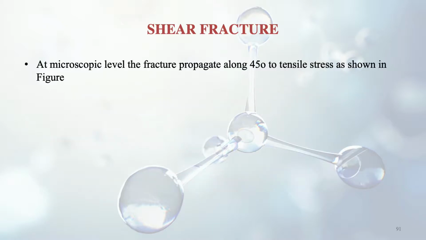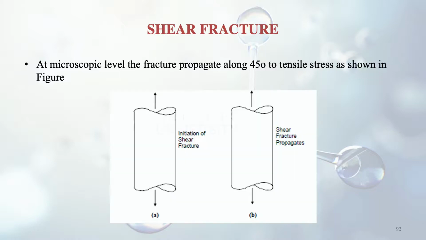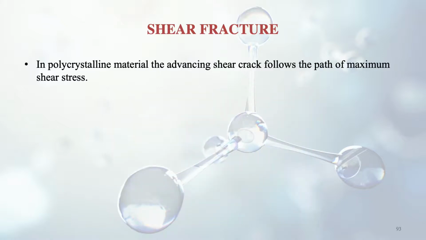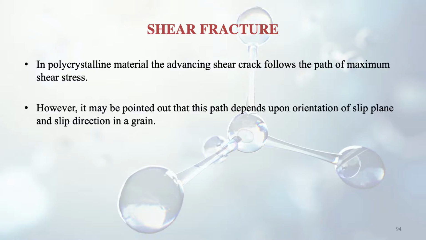At the microscopic level, the fracture propagates along 45 degrees to the tensile stress, like given in this figure. In polycrystalline material, the advancing shear crack follows the path of maximum shear stress. However, it may be pointed out that this path depends upon the orientation of the slip plane and slip direction in a grain, so they may change also.